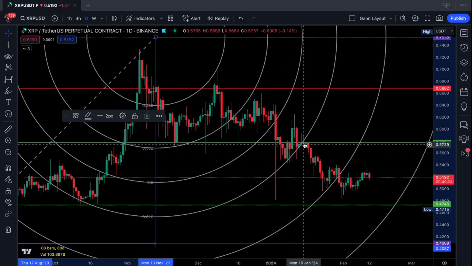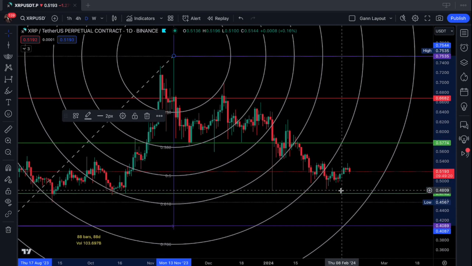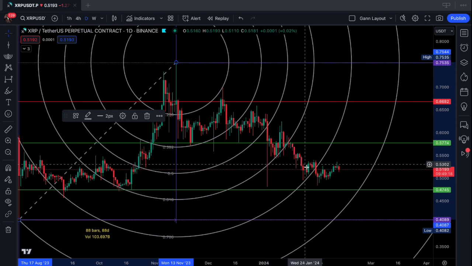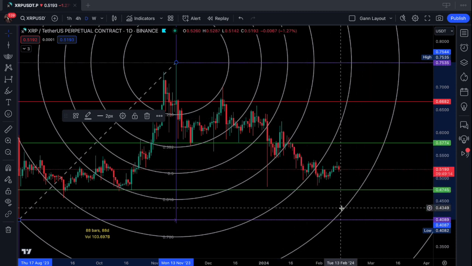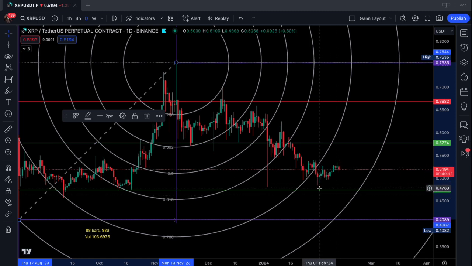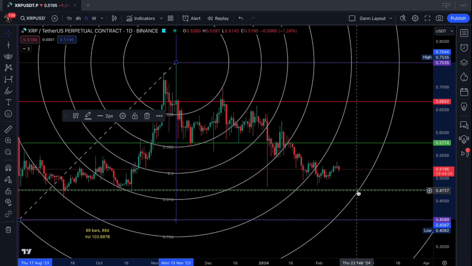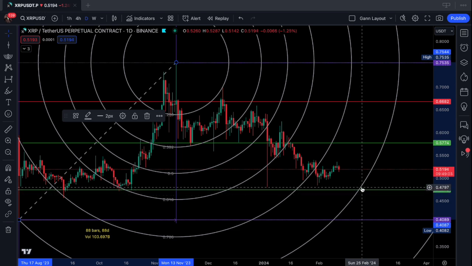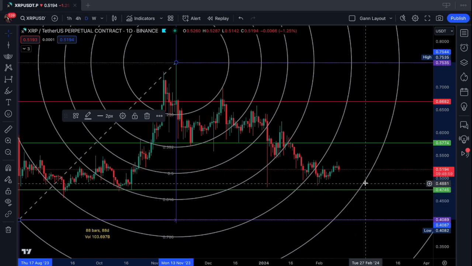You can see that it is reacting, but it is slipping through these Fibonacci levels. Where to next? If this downside momentum will not be arrested soon, then most probably 47 or below, 47 cents or below is the next target for XRP.